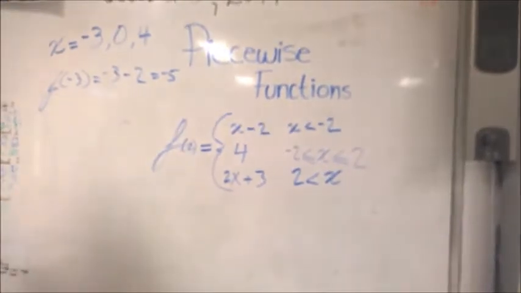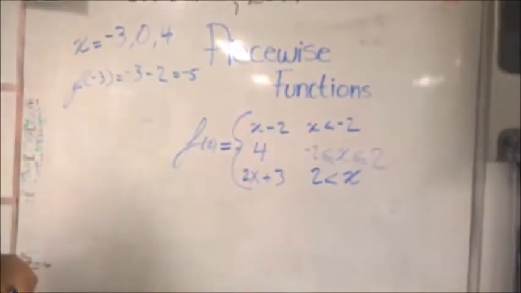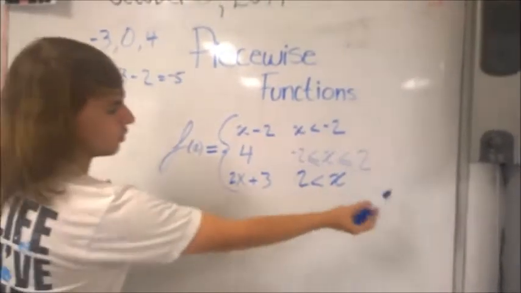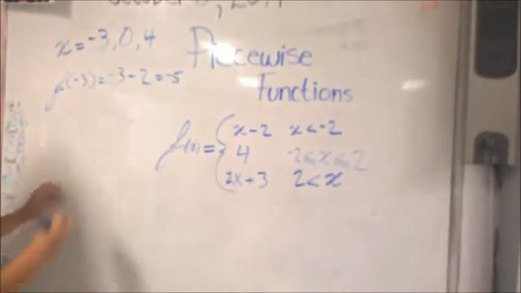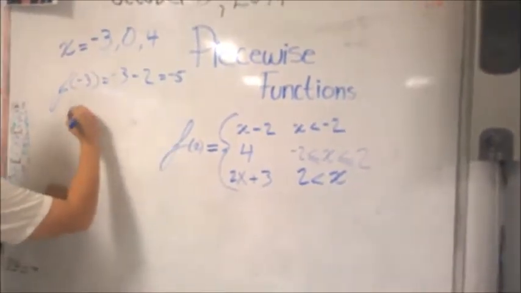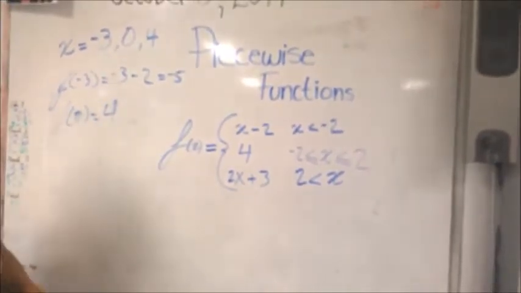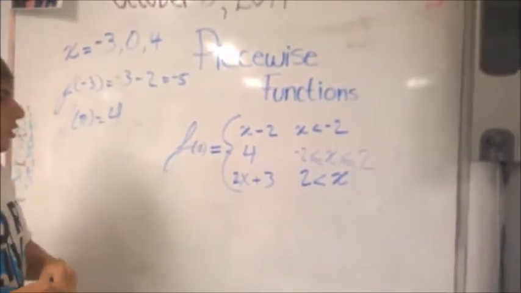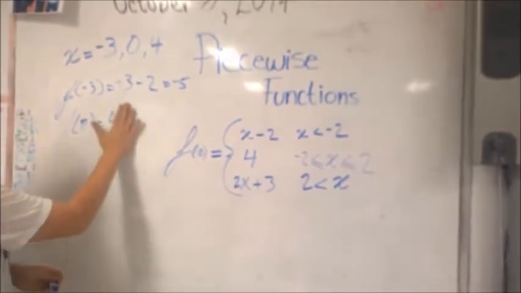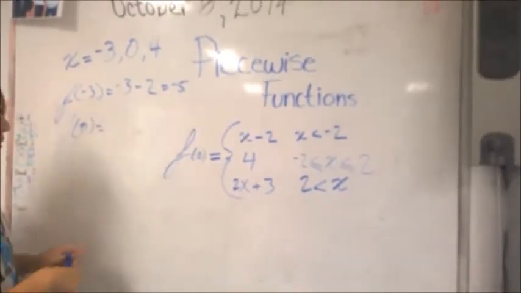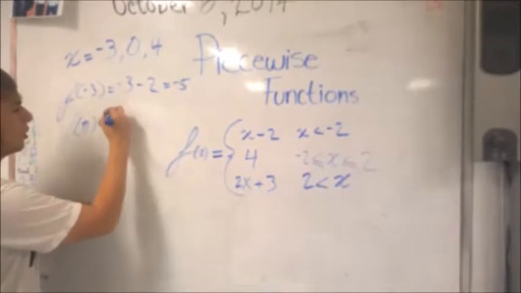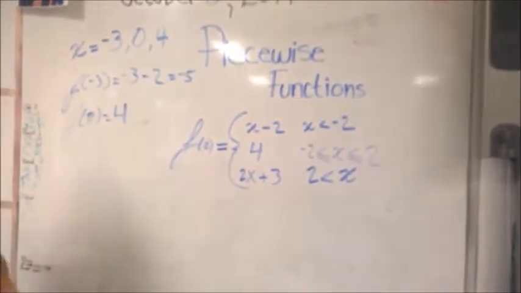So let's say we have an x of 0, so that we would use this equation now, because it meets those certain demands. And so f of 0 is going to equal just 4. Because you see there's no x in it, it's basically saying that for every x that meets those certain demands, the answer is always going to be 4, which is a very neat thing that happens with piecewise functions.